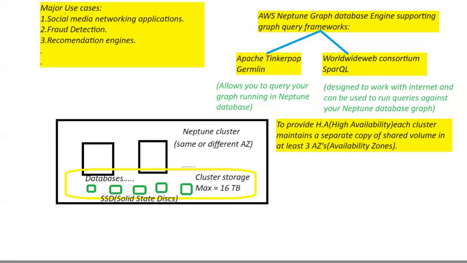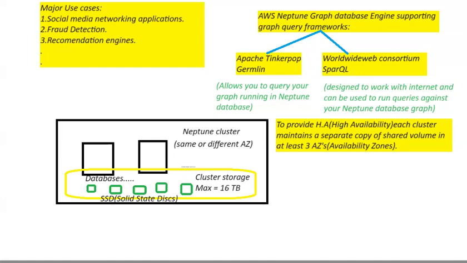But in order to increase the level of durability for your data, Neptune provides another thing, that is Neptune storage auto repair. This storage auto repair will automatically detect any segment failures that are present in the SSDs.